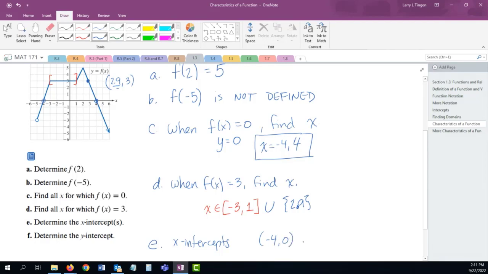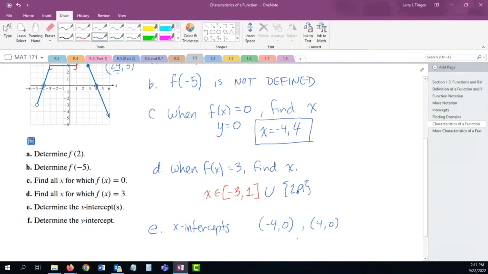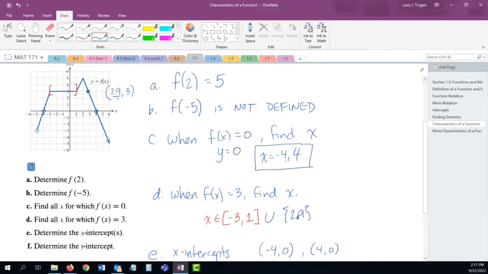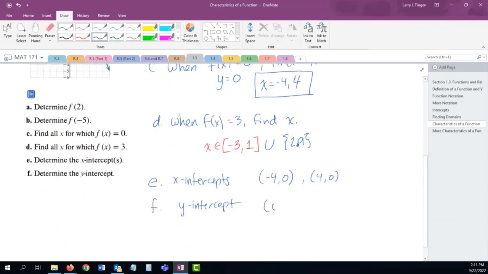So (-4, 0) is an intercept. (4, 0) is an intercept. For the y-intercept, we know there's only going to be one of those, if there are any. Where do I cross the y-axis? Right there. My y value is 3. My x value is 0.